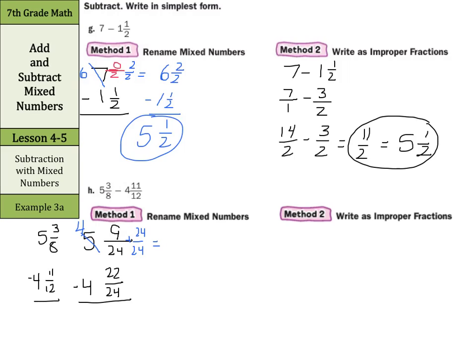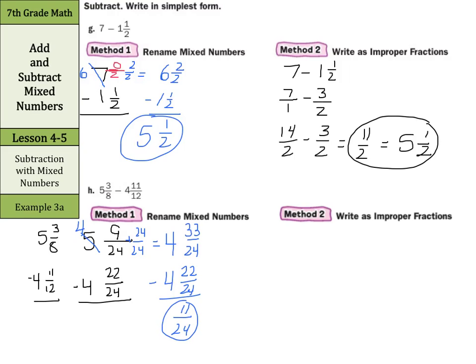So as I rewrite this, I have 4 and 33 24ths minus 4 and 22 24ths. Well, as I subtract my fractions first, 33 minus 22 is 11 24ths. And 4 minus 4 is 0. So I don't even need to write it. My final answer is 11 24ths.